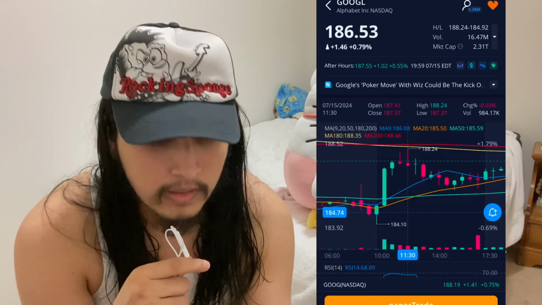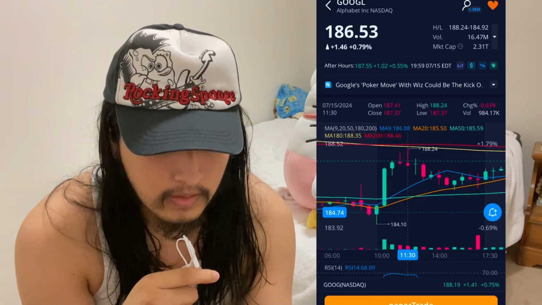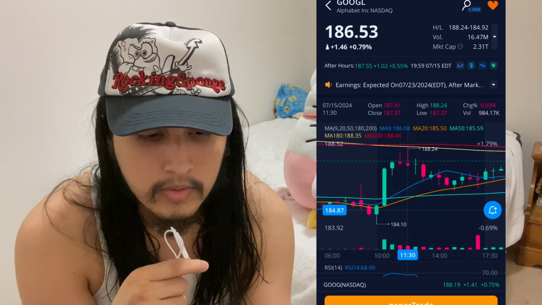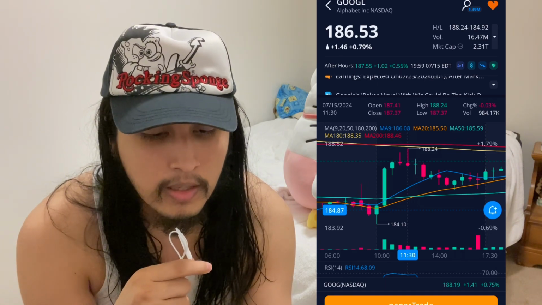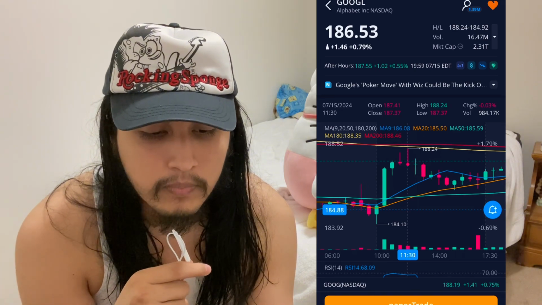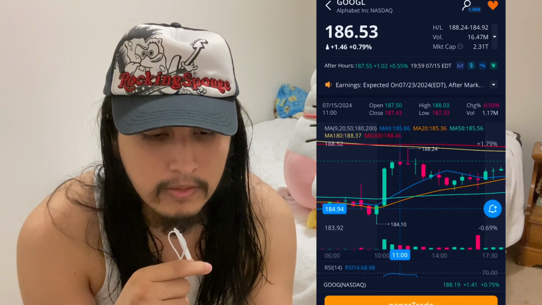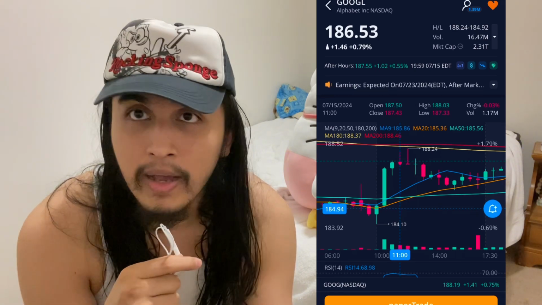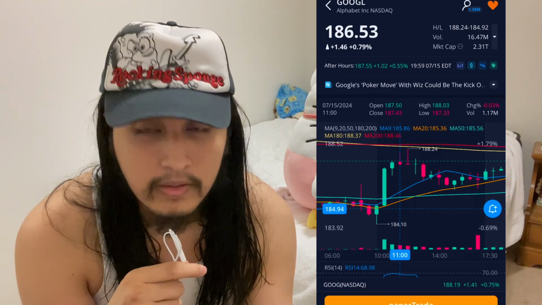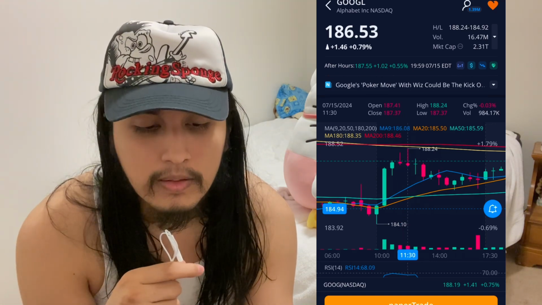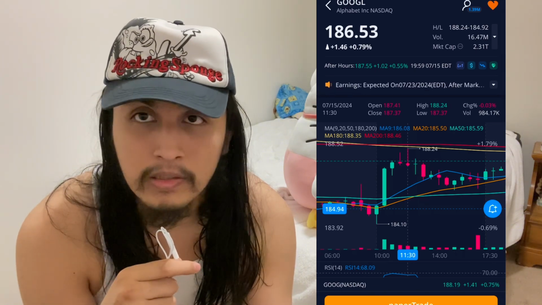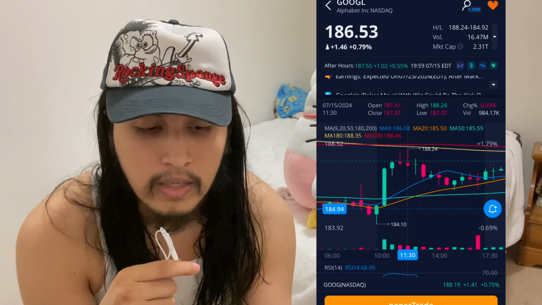So basically, I got into Google puts on this candle. As soon as I saw Google approaching the 180-day moving average, I got into puts. And seeing that it broke the previous candle's resistance or high of 188.03, I got into puts, seeing that, okay, that's probably an indicator that it's going to touch the 180-day moving average.